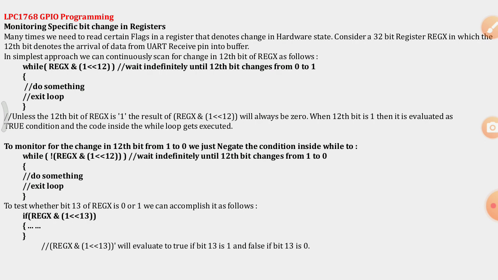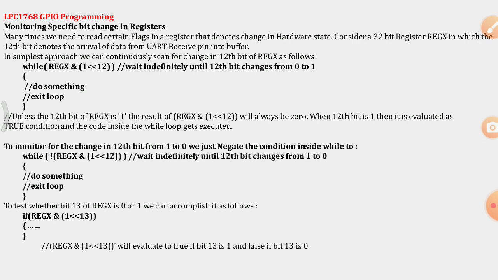So while is a condition which is checking for the trueness of the condition. What is the condition here? regx and the 12th bit. Whenever the 12th bit changes from 0 to 1, it is ANDed with regx, and then the condition will be true.